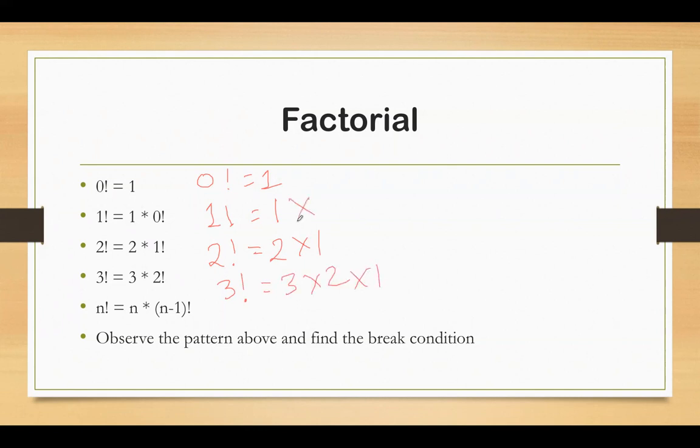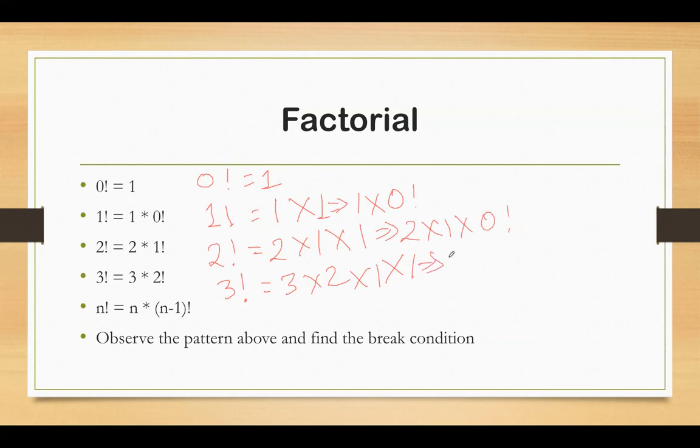Here, if we multiply by 1 in each of the factorials of 1, 2, 3 and the respective numbers following it, it won't make any difference since it is a multiplication. If we try to simplify it, it will look something like this: 1 into 0 factorial. Factorial of 2 will look like 2 into 1 into 0 factorial.